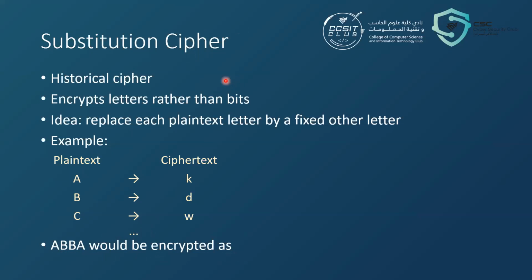Yes, everyone got it right. We're going to have KDDK. Now you can see when we want to decrypt this, we just reverse the process and get our plain text back.